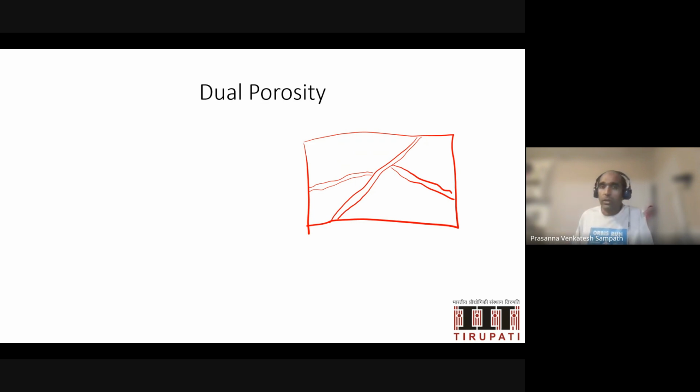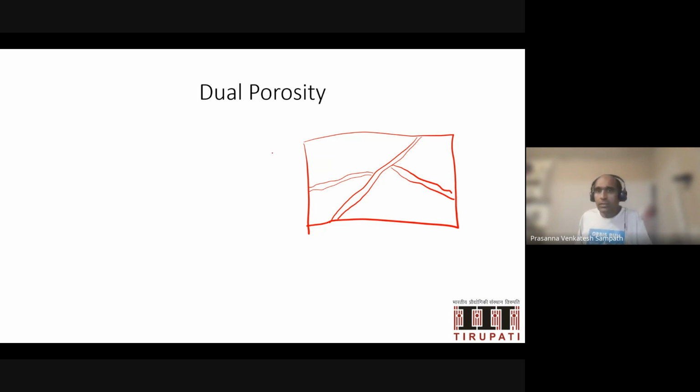Now this is a sample where the rock is not compact and without fractures. It has some fractures running through it, some arbitrary number of fractures of arbitrary lengths, arbitrary thicknesses, and so on. So now what happens is, in this system, there are two kinds of porosity.